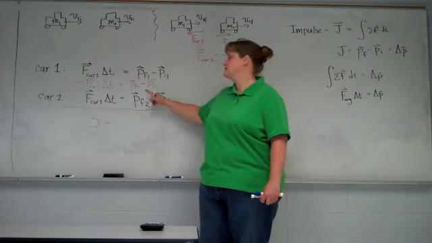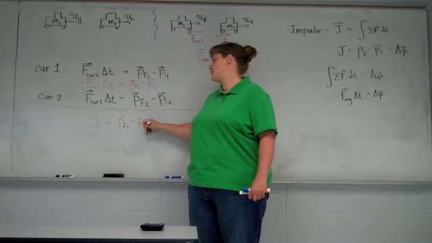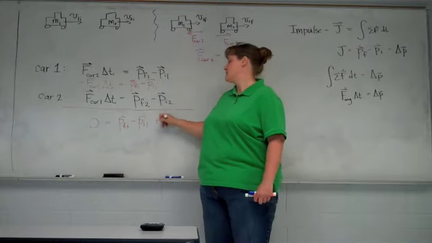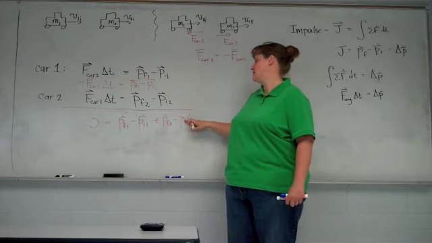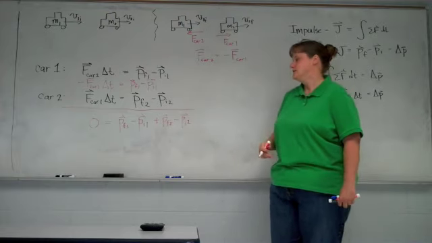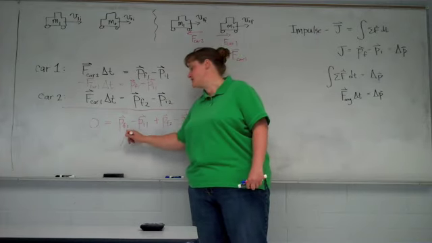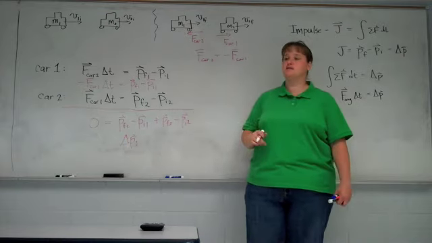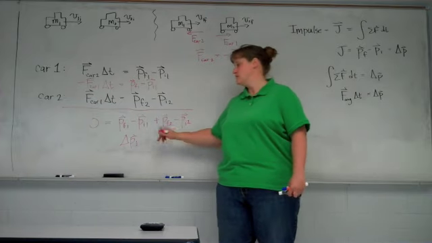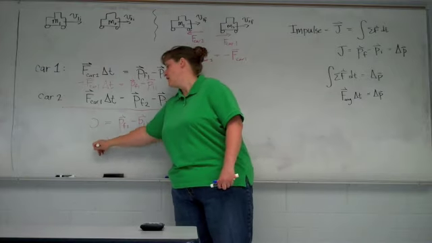On the right-hand side, I get final momentum of car 1 minus initial momentum of car 1 plus the final momentum of car 2 minus the initial momentum of car 2. We can write this also, final minus initial is delta P. So delta P1, change in momentum for car 1, plus delta P2, the change in momentum for car 2, has to equal 0.